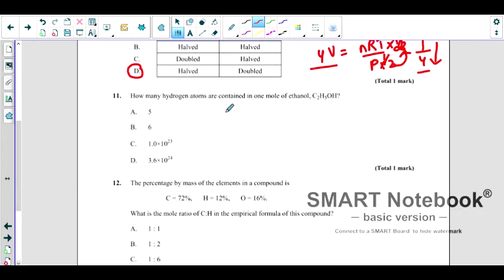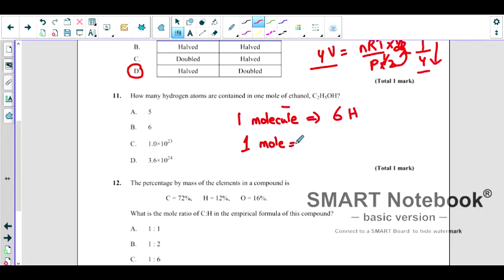Next we have: how many hydrogen atoms are contained in 1 mole of ethanol? This type of question, the best approach is to do step by step. It's like one molecule. This is one molecule of ethanol. It contains how many hydrogens? It contains 6 hydrogen atoms. In 1 mole how many molecules are there?